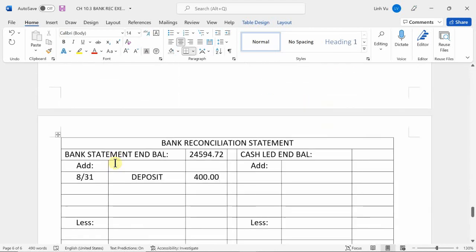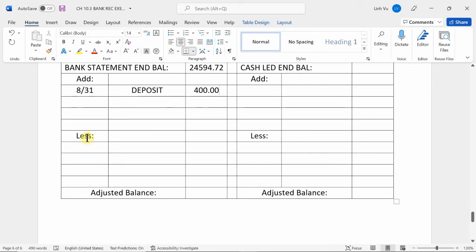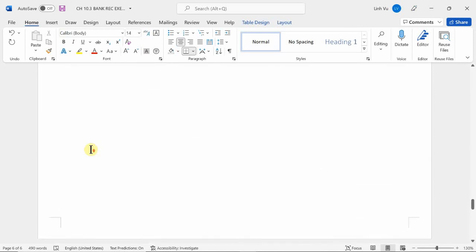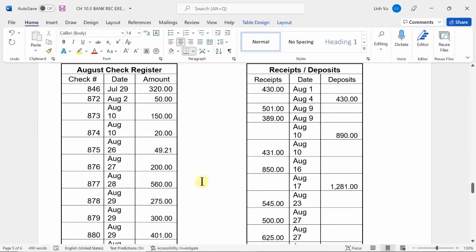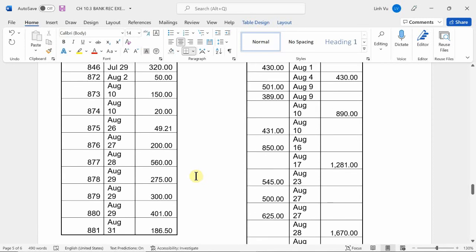Okay? All right? Now we can look at the checks, the outstanding checks, right? That's what we have to subtract, right? Yes. Okay, so then how many checks did you write? 11.